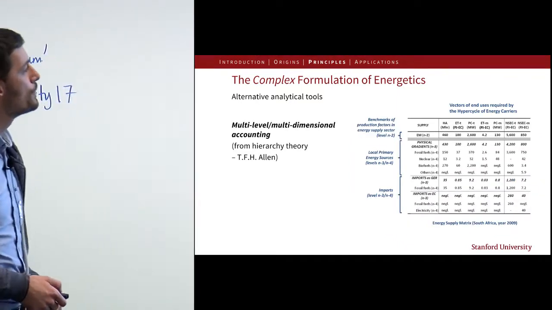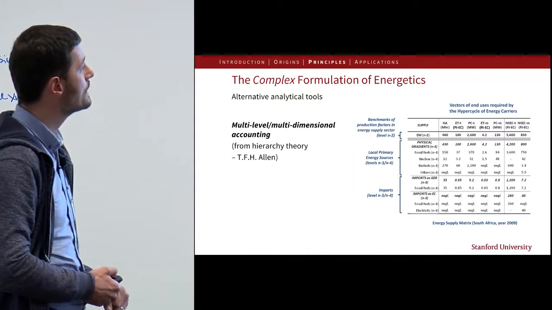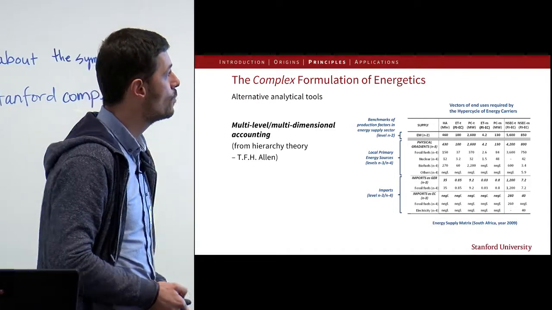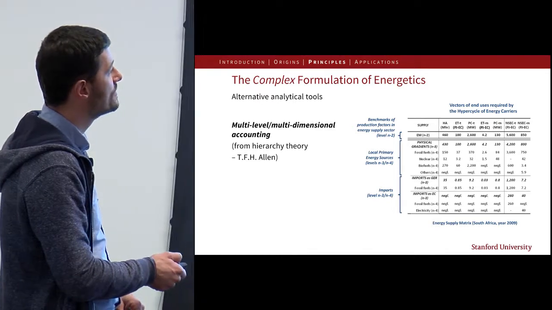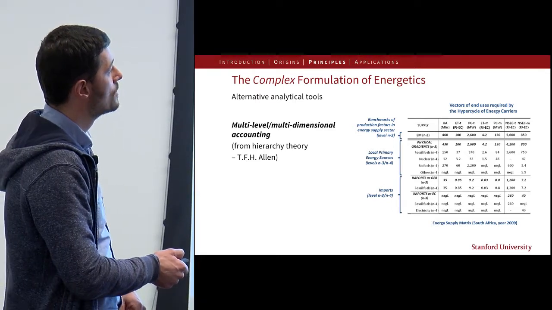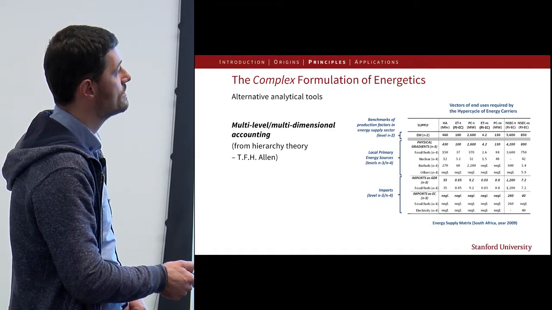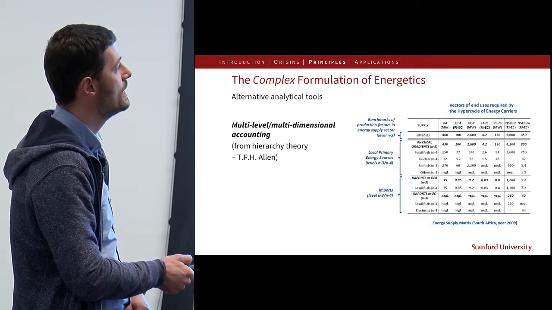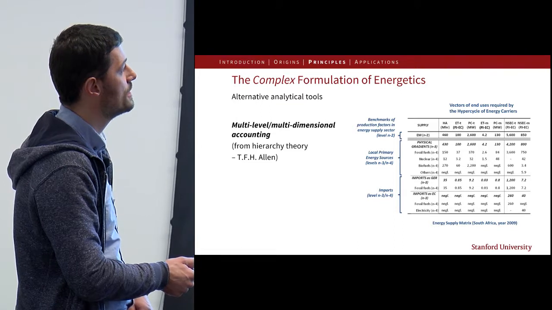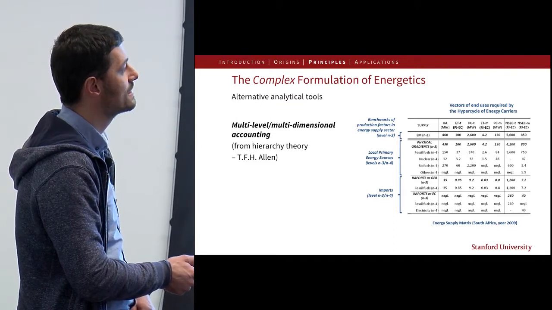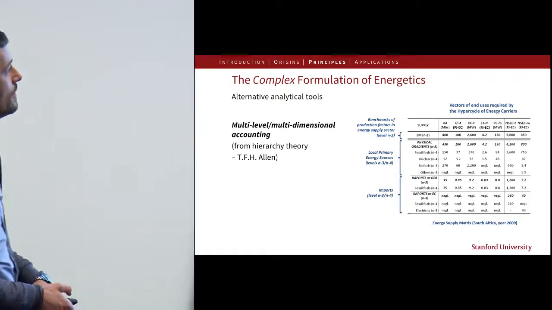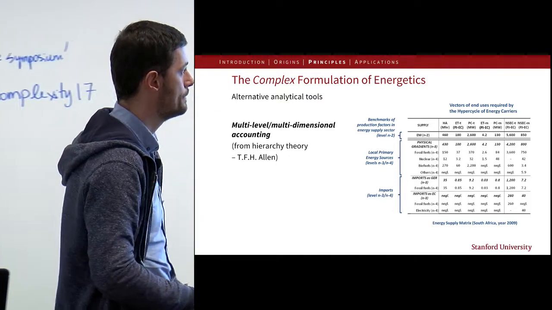The last tool that we are using is a multi-level, multi-dimensional accounting scheme, which is basically trying to represent in a table, for instance, the total energy system of a country having a requirement of human activity, requirement of thermal energy, requirement of installed capacity, and the same for mechanical energy, which is basically electricity here.